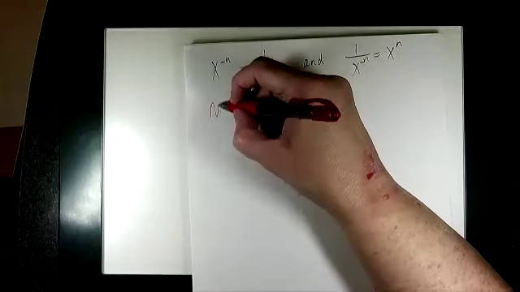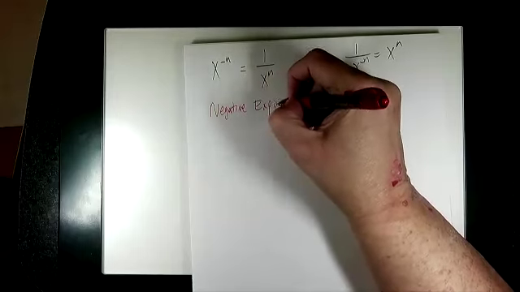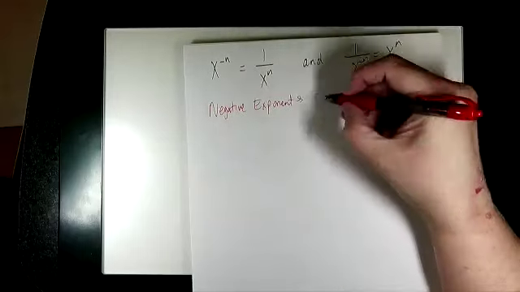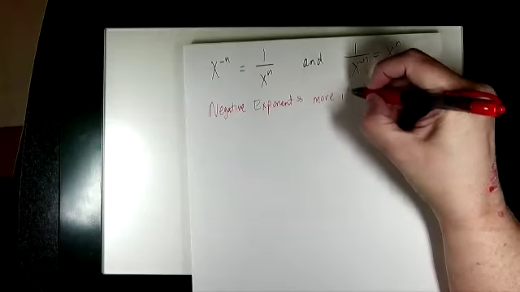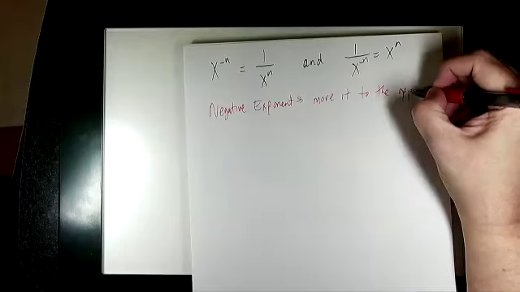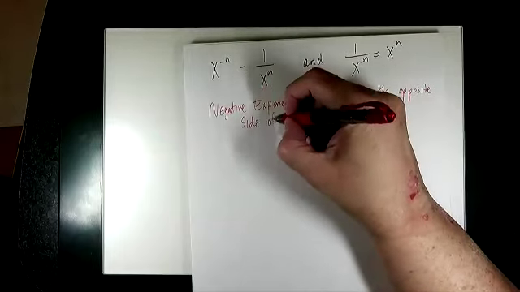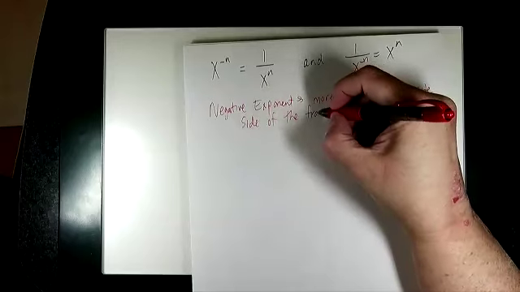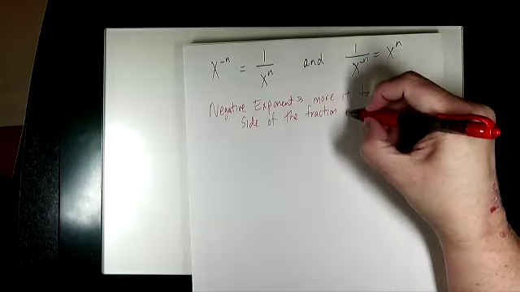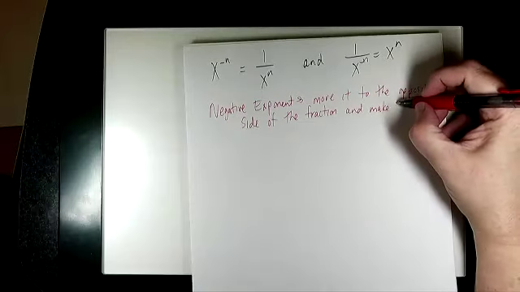So with a negative exponent, one way to think of it is move it to the opposite side of the fraction and make the exponent positive.